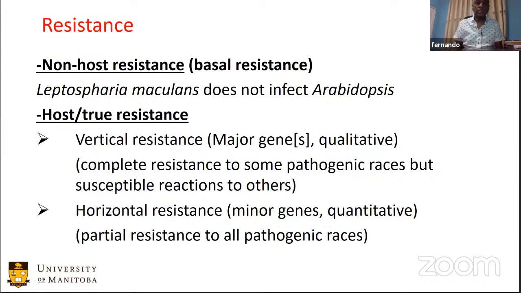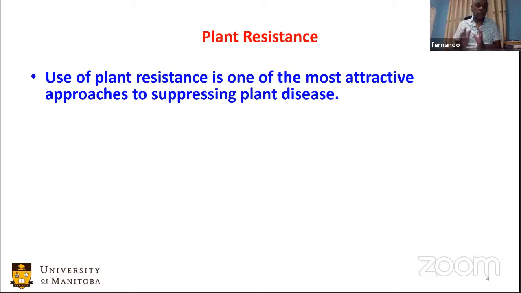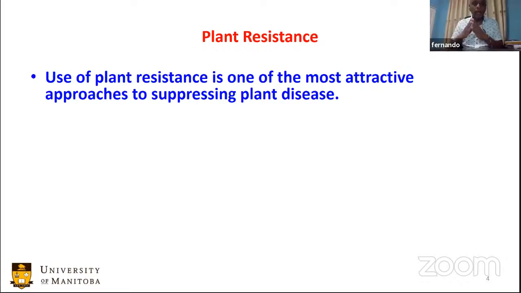To get started with plant resistance, I also wanted to show why it is so important, especially in a country like Canada or the United States, and I'm pretty sure in India as well, where there are large acreages owned by one farmer.